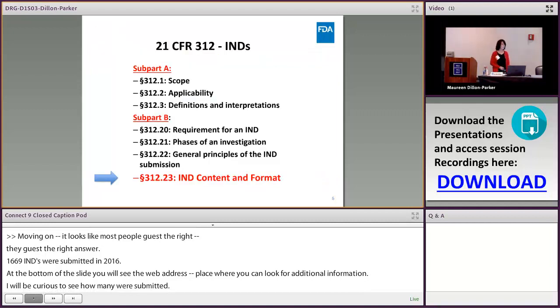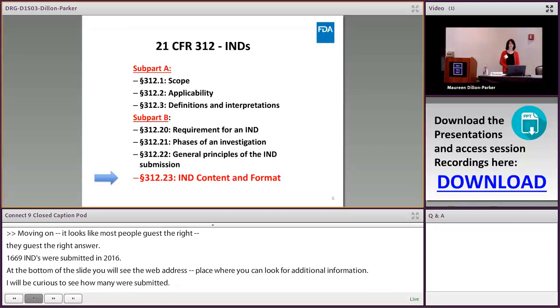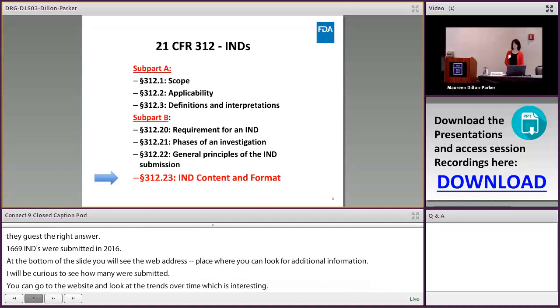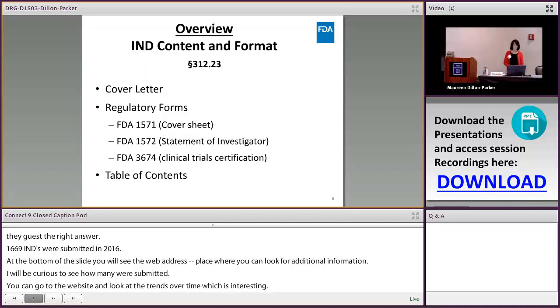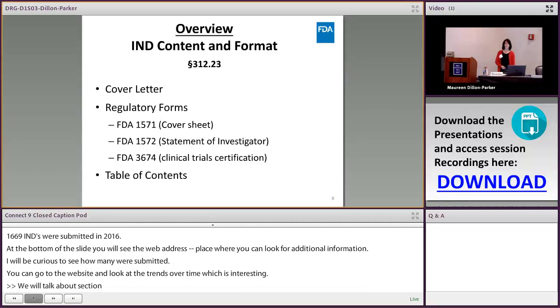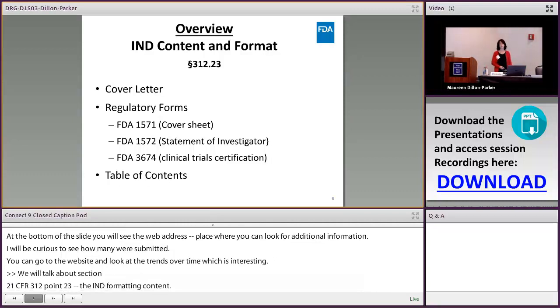All right, so we're going to talk a little bit about 21 CFR 312.23, which is the IND format and content. So basically, by general overview, the sections in the next couple of slides are really just out of the CFR. They are the section headings that are required to be in IND submissions, with the exception of the cover letter.